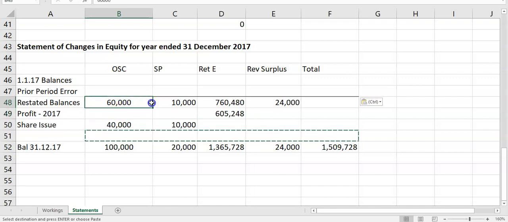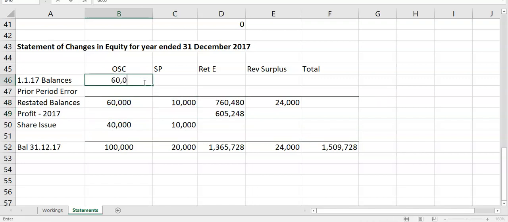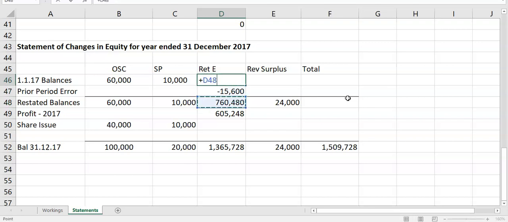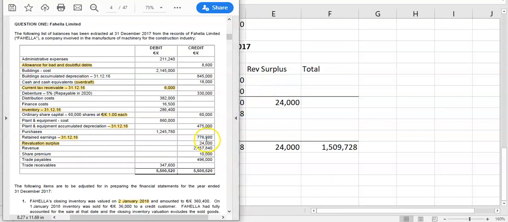So there are no adjustments to either of these, so their opening balances stay the same. 60 and 10, no adjustments, means the restated balances are 60 and 10. This was an adjustment of minus 15.6, which means the opening balance would have been 15.6 higher, 776,080, which matches the starting point at the 1st of January.